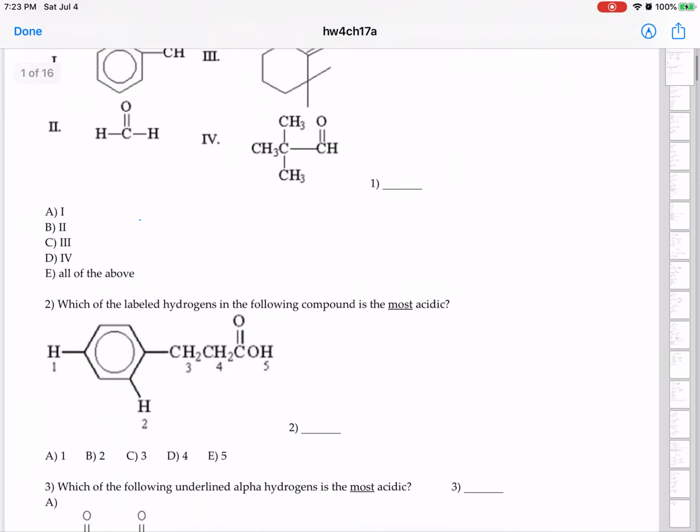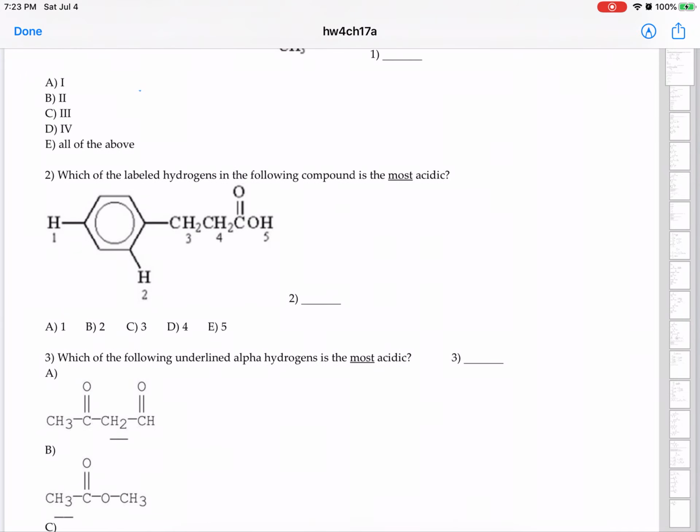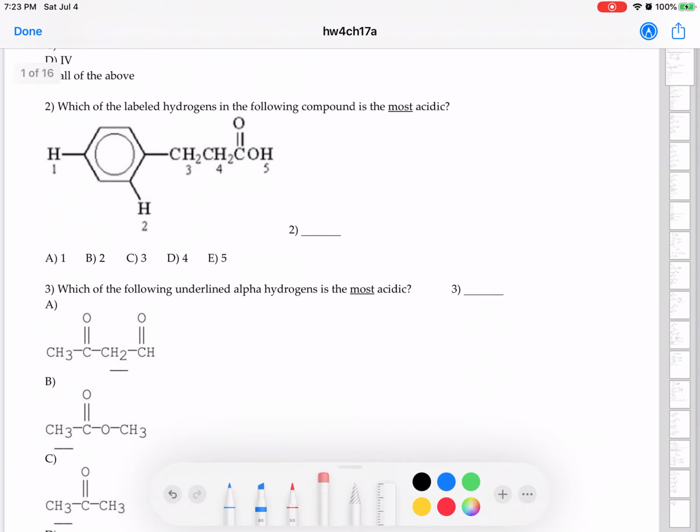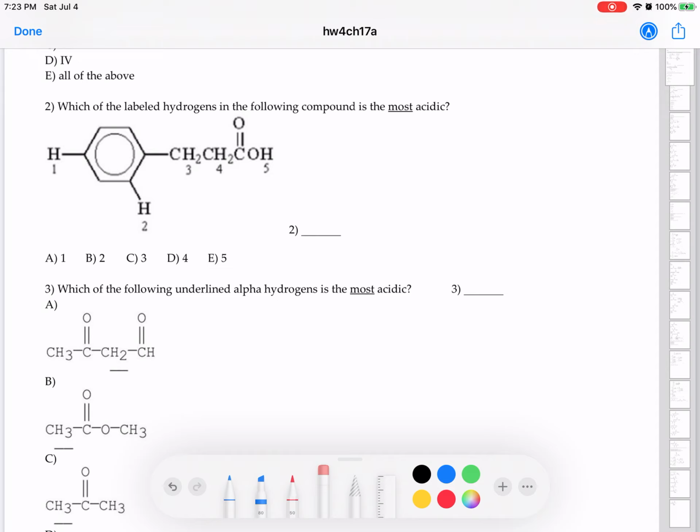Next one. Which of the labeled hydrogens in the following compound is the most acidic? We have hydrogen number 1, 2, 3, 4, 5. Now in this one, this carboxylic acid hydrogen is the most acidic one, this hydrogen right there.